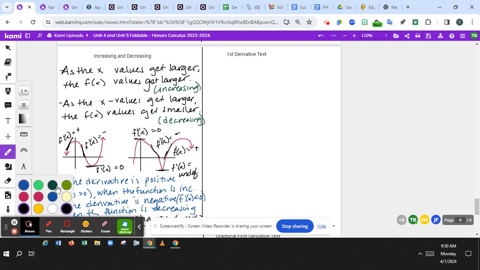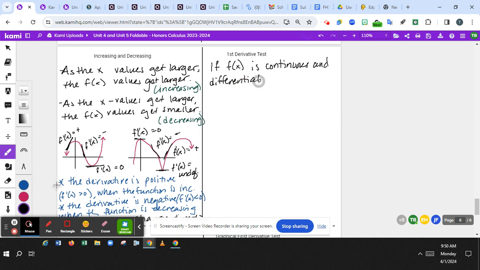So the first derivative test states that if f of x is continuous, what does that mean? Right, it means no breaks, no gaps, no jumps, no asymptotes, and no holes. And differentiable, what does that mean? Good, means you can take the derivative. It has two parts.